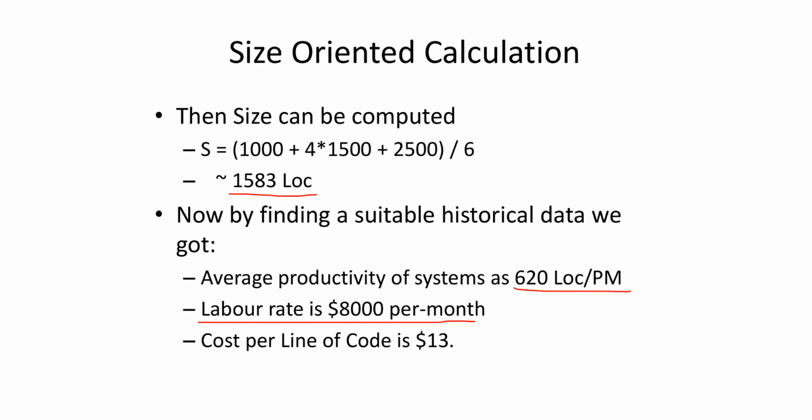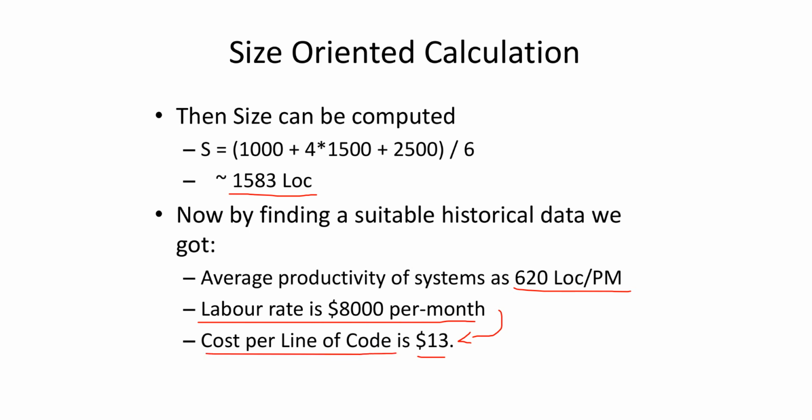So if you see these two values and relate them to this system, the labor rate divided by the productivity gives the cost per LOC. Okay, actually this is the result of dividing 8000 by 620. So you got cost per LOC. This is how we get cost per line of code.